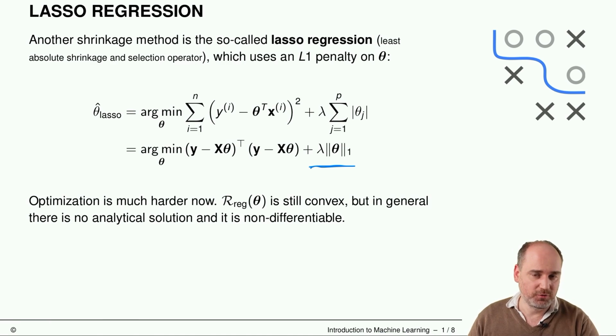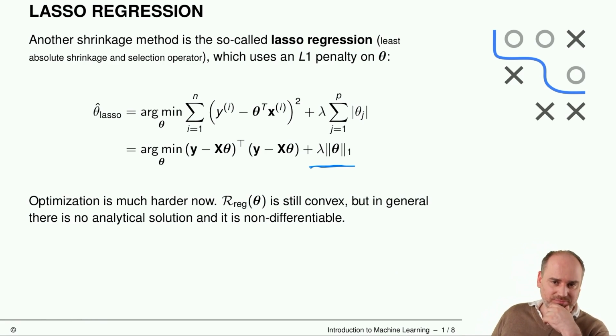First of all, we could discuss what that means in terms of optimization. For ridge, we can still solve it analytically. The optimization actually becomes a little simpler because it becomes numerically more well-behaved through the regularization. For Lasso, it actually becomes harder. Before, we just had a simple quadratic form that we could solve analytically.